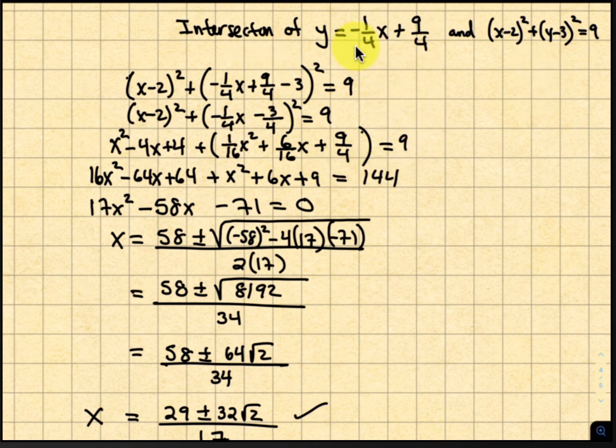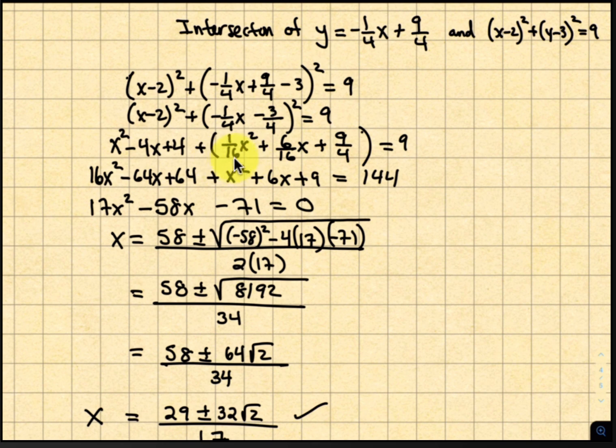But basically you're substituting negative 1/4 x plus 9/4 in place of this y here in that equation, and this is what you get here. And you just add these like terms.